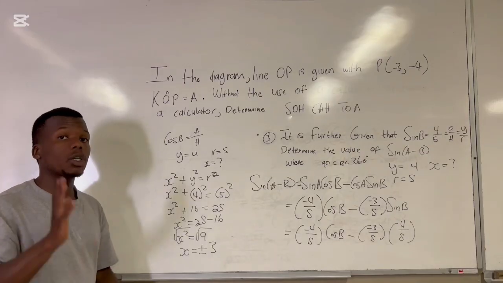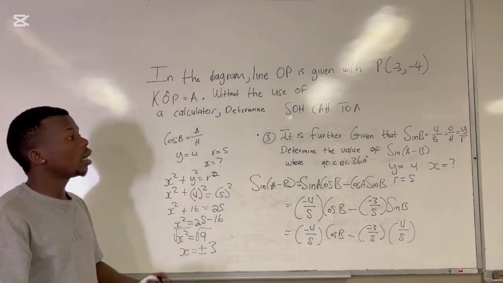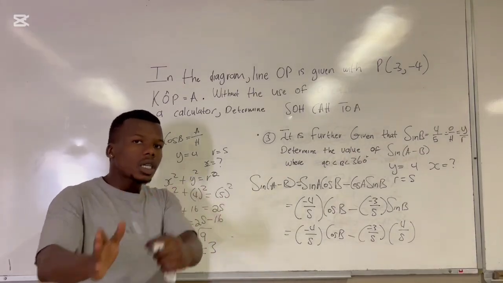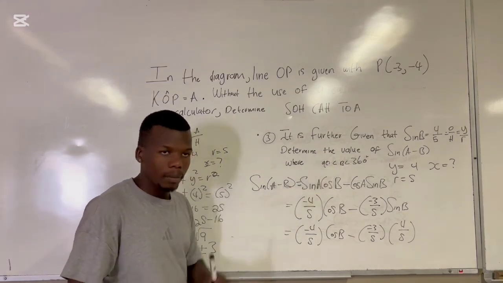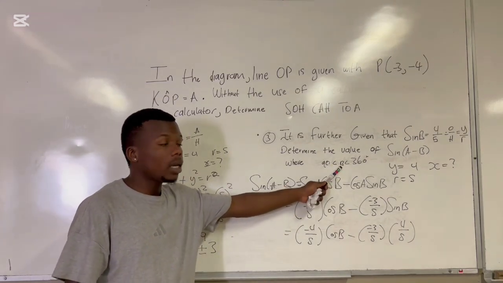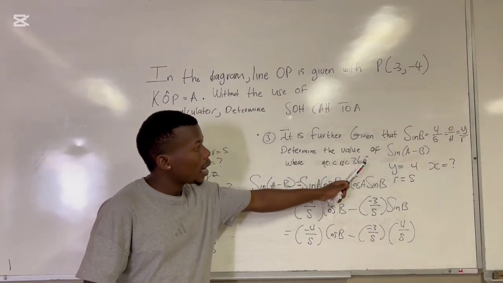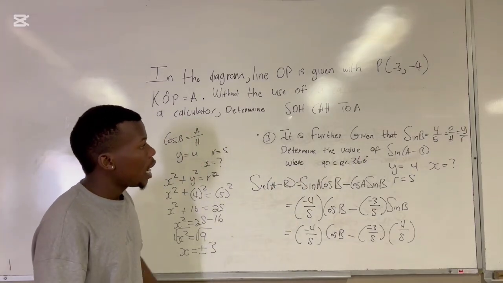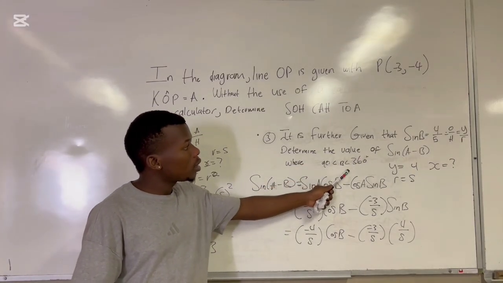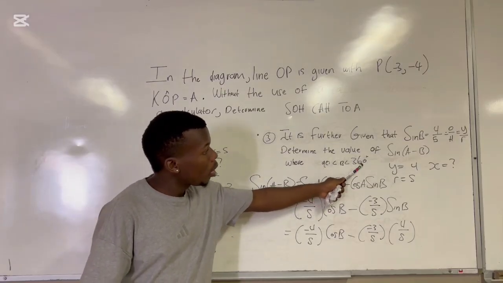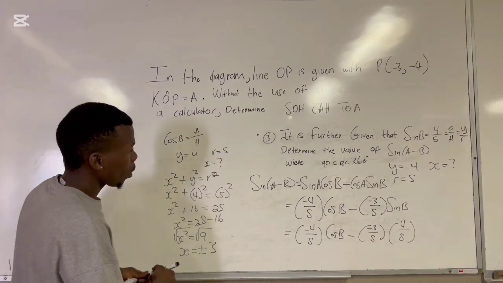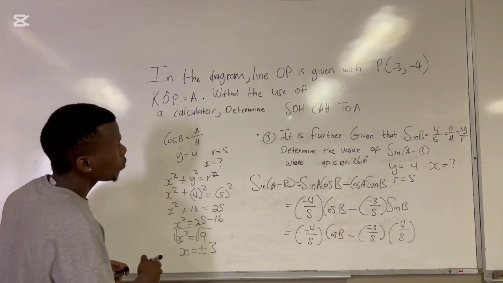Now we got two values of x, but we must choose one, according to the statement. Now let's check something. According to the statement, they say to us our angle B lies between 90 degrees and 160 degrees.